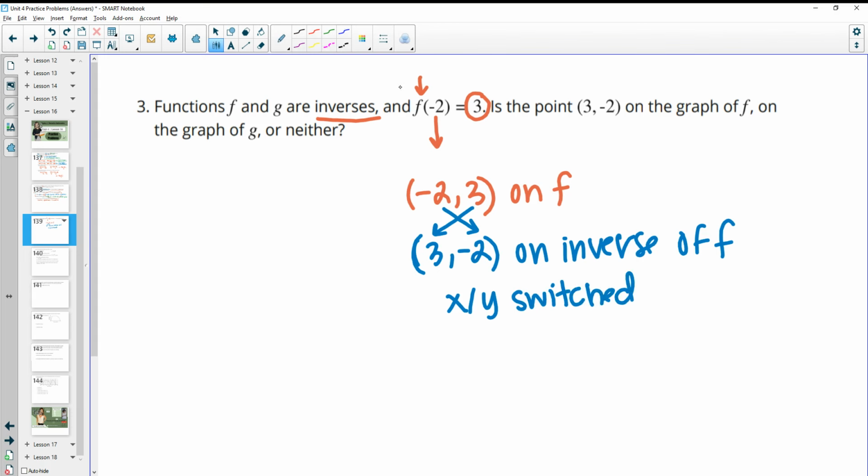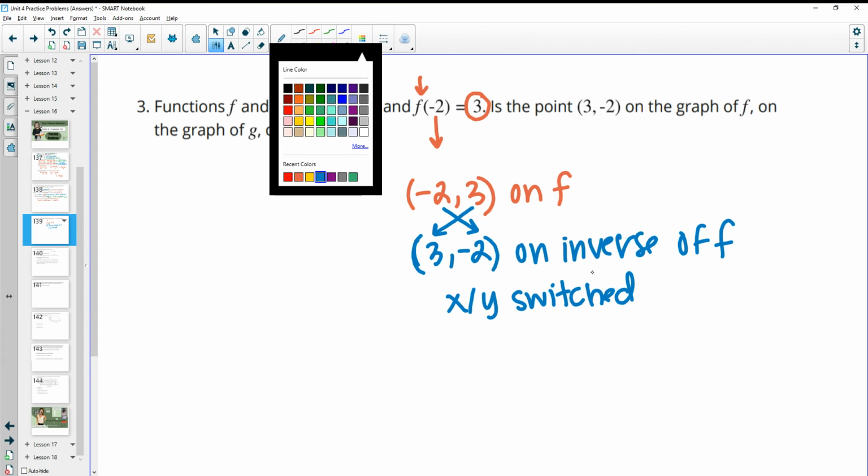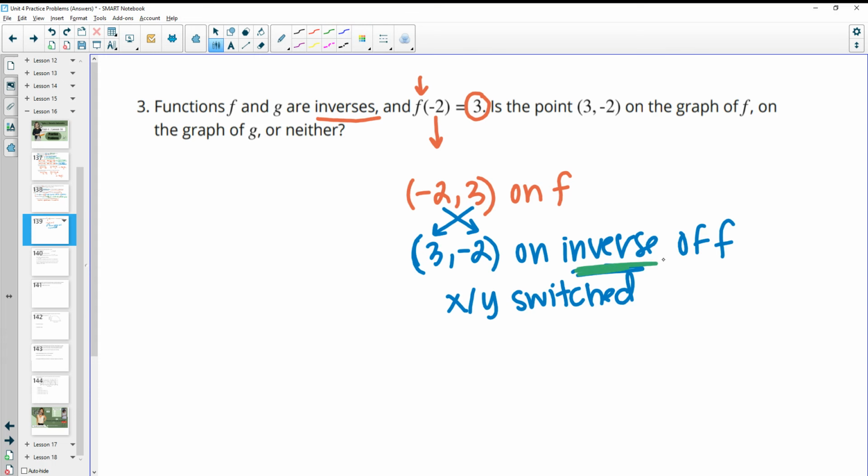So we know that it's on the inverse of F, and we know that G is the inverse of F, so we know that this point is on G.